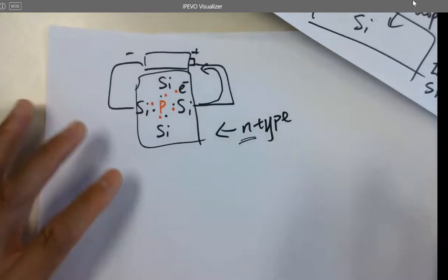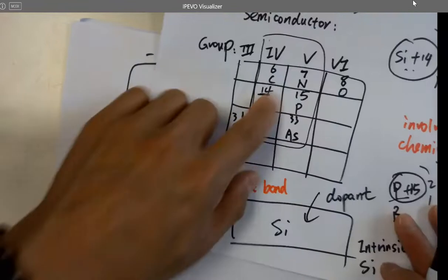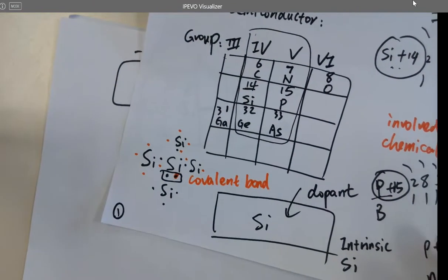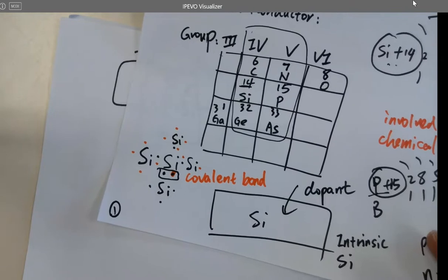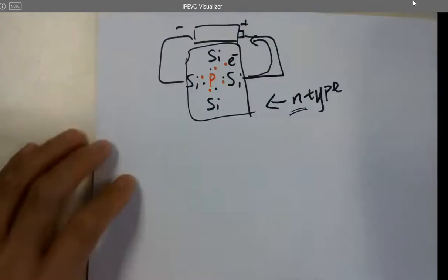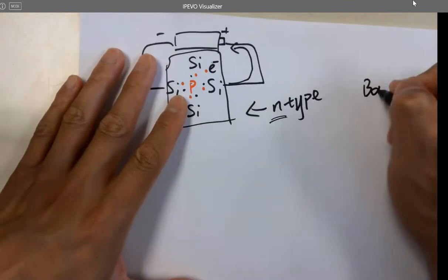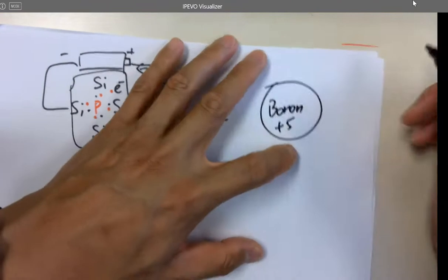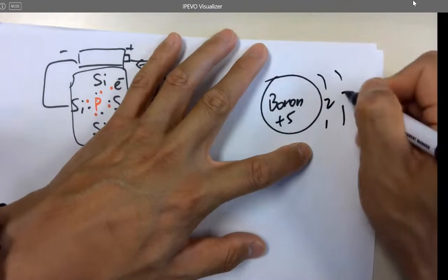If you dope boron, we don't have boron here, but boron has how many? 5? 3, right? Yeah, boron has 3. It's 5 for the proton, right? It's 2 and 3.